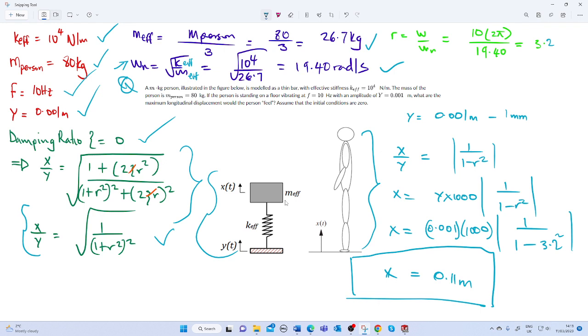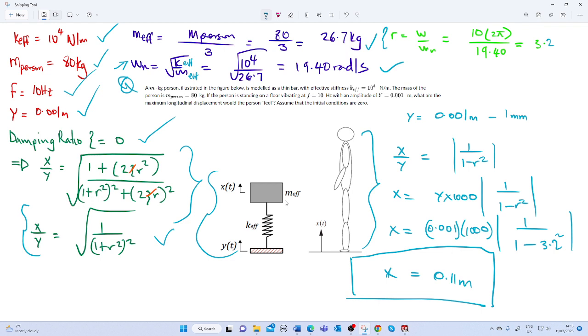Now that we calculated the Wn, which is the natural frequency of the whole body system, we are to calculate the frequency ratio, which is r.